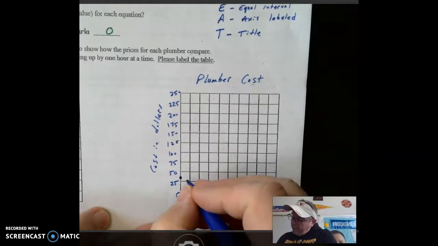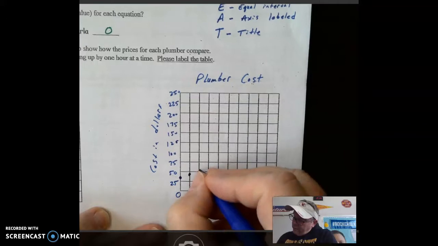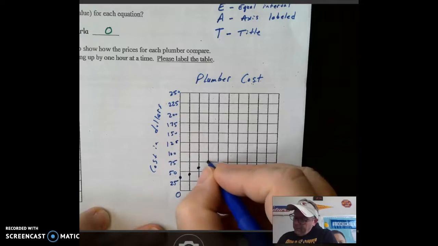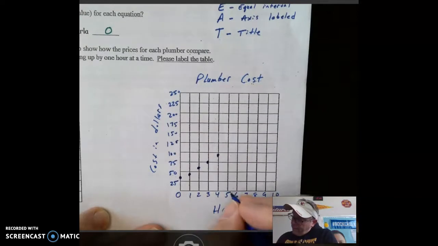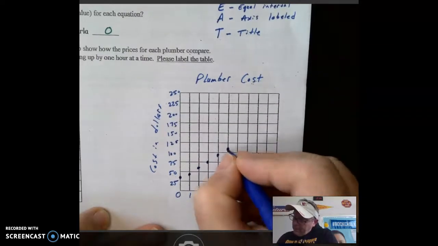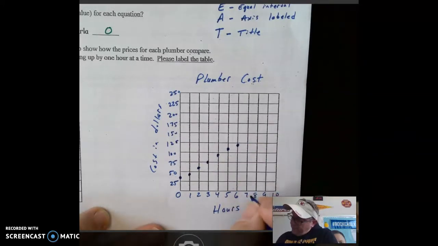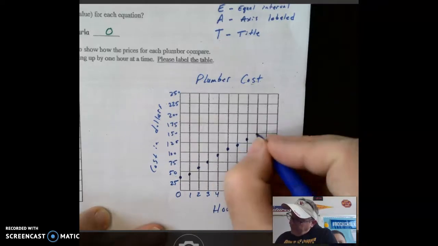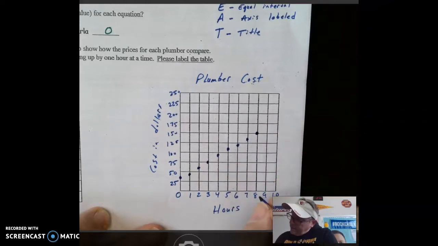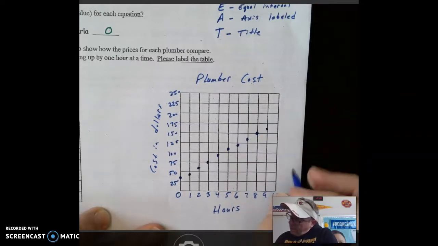At 1 hour, it's at 45. 2 hours, it's at 60. 3 hours, 75. 4 at 90. 5, 105. 6, 120. 7, 135. 8, 150. 9, 165. And 10, 180.